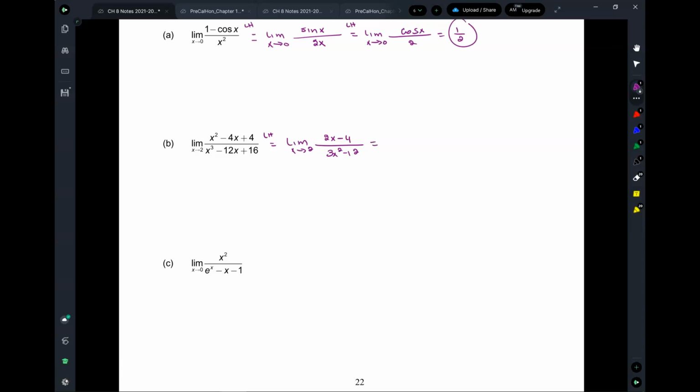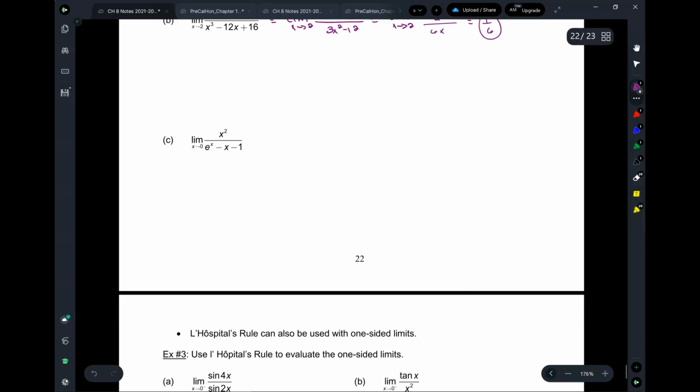And I get 4 minus 4 is 0, not cool, over 12 minus 12 is 0 again. So let's just do L'Hopital's rule again. So what do I get in the numerator? 2 over 6x. Now when I put in a 2, I just get 1/6. Okay?